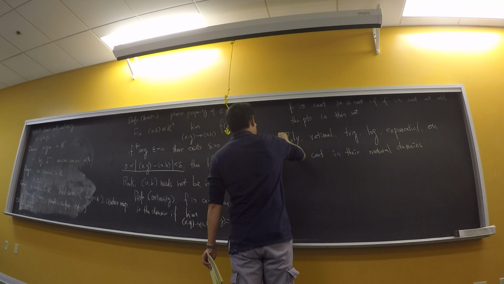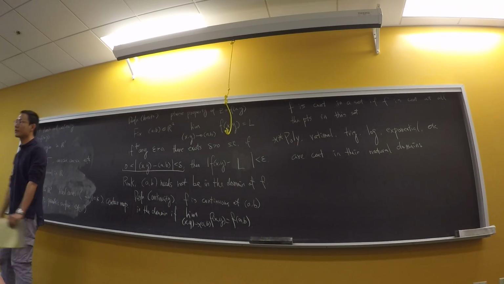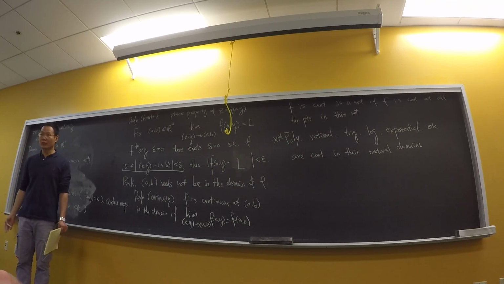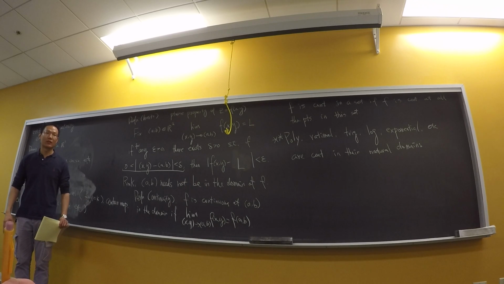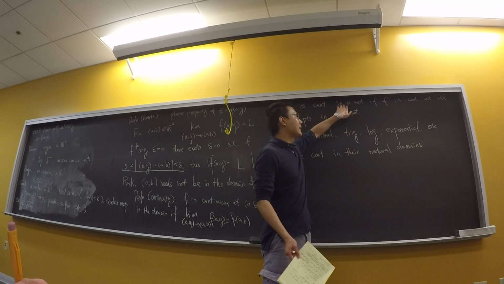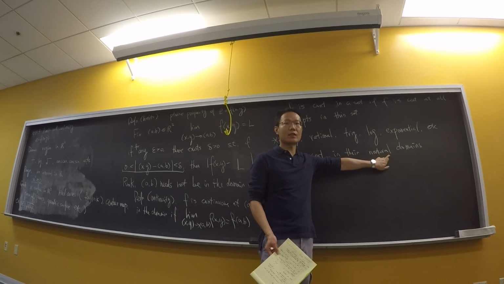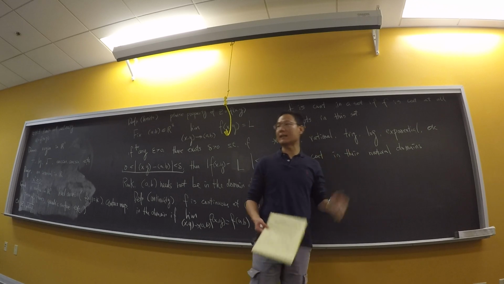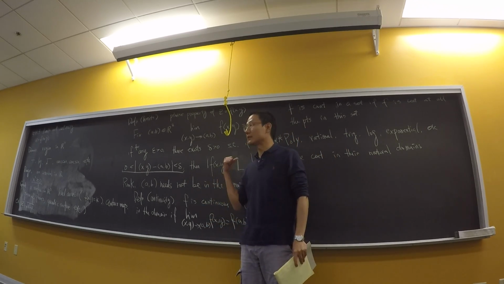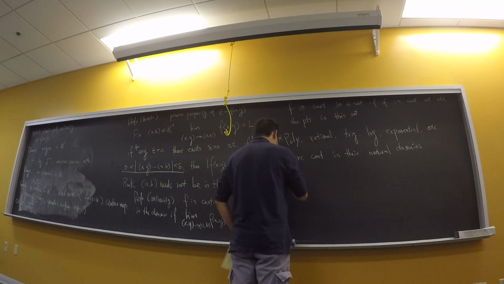This is a very, very important thing. You don't have to verify this, but you can use this condition. Pretty much all the functions we will see in this class are continuous in their natural domains, which means as long as I know a point is coming from its natural domain, then evaluating the function at this point will be exactly the function value at this given point. Are you with me?